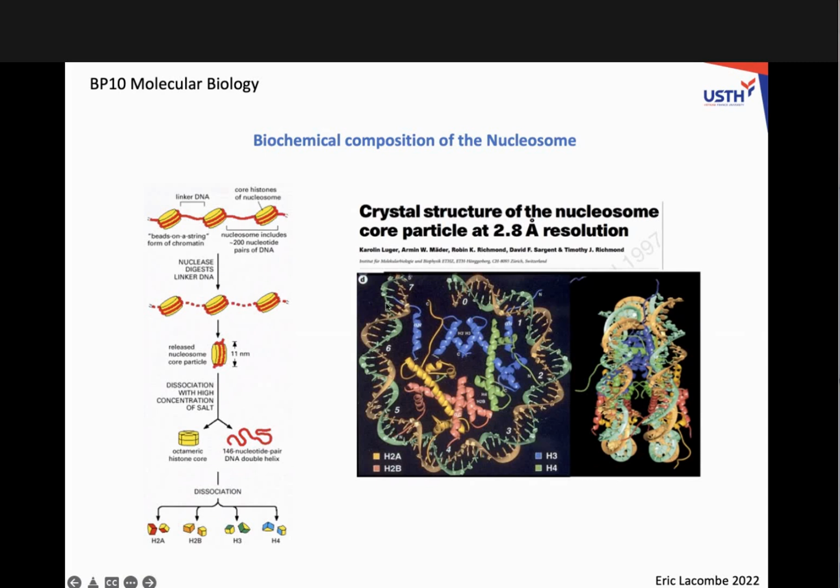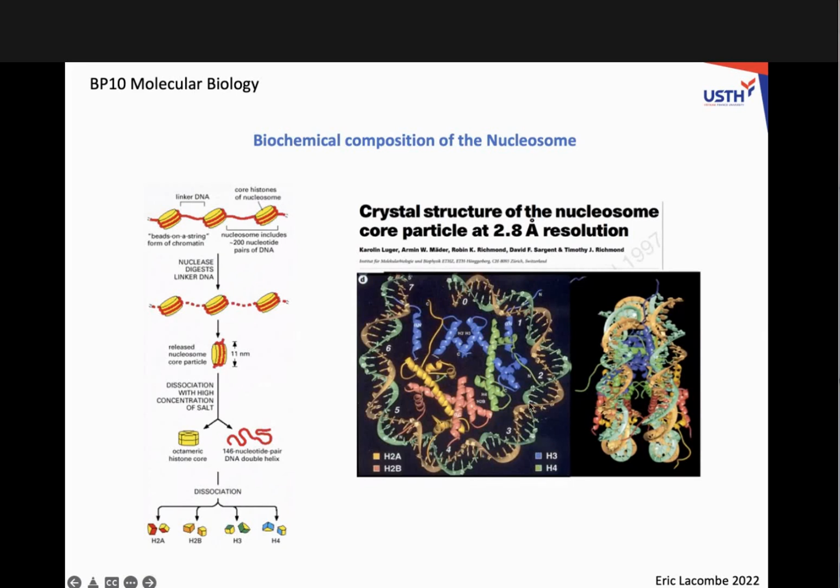The crystal structure was quite complicated to obtain because it's not a crystal structure of only protein. It's a combination of DNA and protein that has been crystallized.